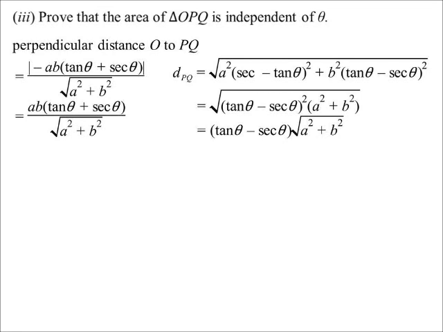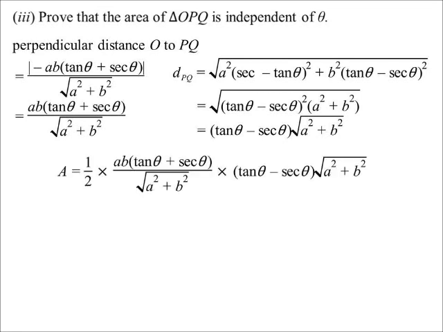Common factor, because of course (sec minus tan) squared is the same as (tan minus sec) squared. We're squaring a negative number. So there is actually a common factor there. I made it tan minus sec rather than sec minus tan, I guess so it just matches up with the order in the perpendicular distance formula there. And so square root of that, okay.